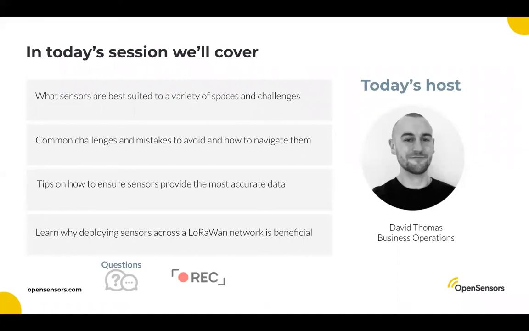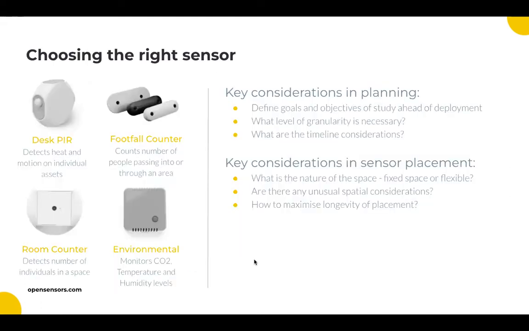Then we're going to take a step back from the sensors themselves to look at why we recommend deploying sensors across a LoRaWAN network rather than, say, a Wi-Fi or Bluetooth network. To finish up, we're going to talk very briefly about why communication in these kinds of studies is so important as well.